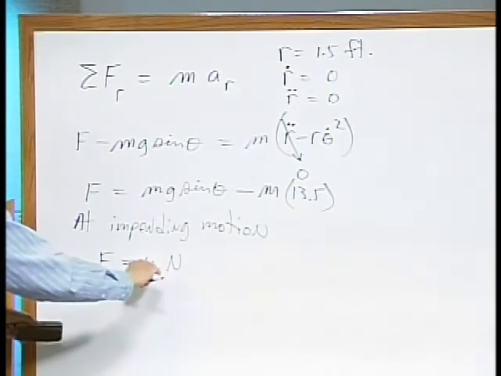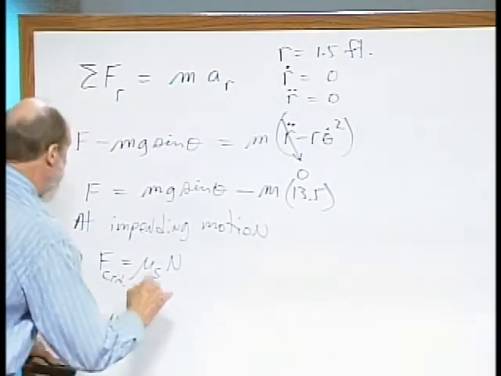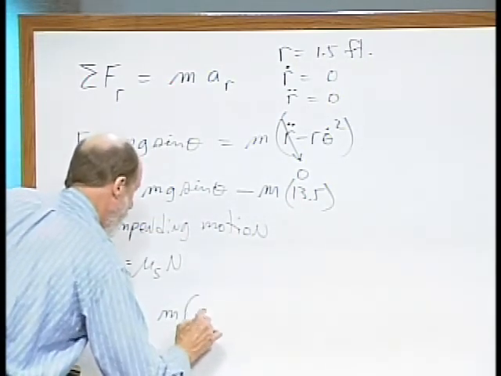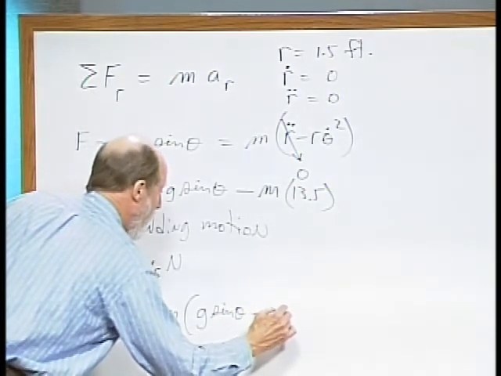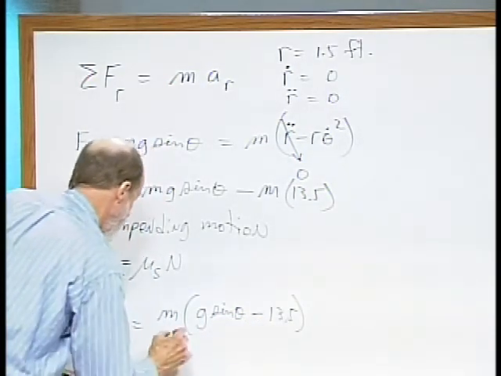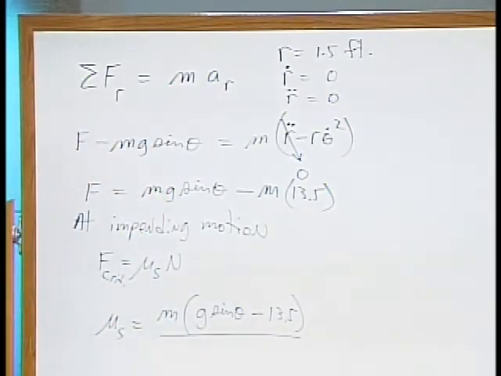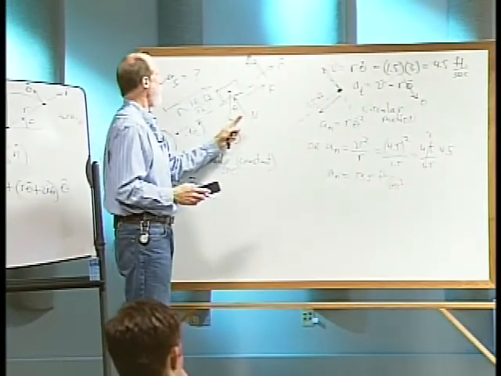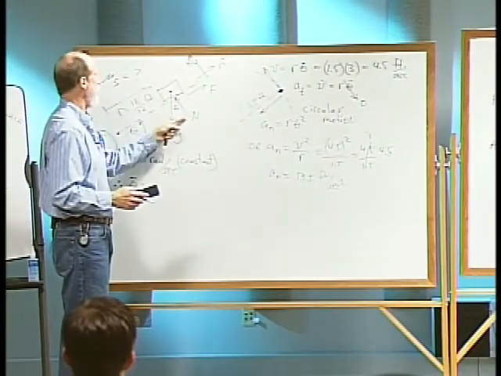So then what we're going to do now is solve for this mu, and so the mu sub s is going to be equal to our mass factored out. We have g sine theta minus the 13.5, and that's got to be divided by the normal force. Now the normal force, if we come back to the other board, is going to be the sum of forces that exist in the theta hat direction.